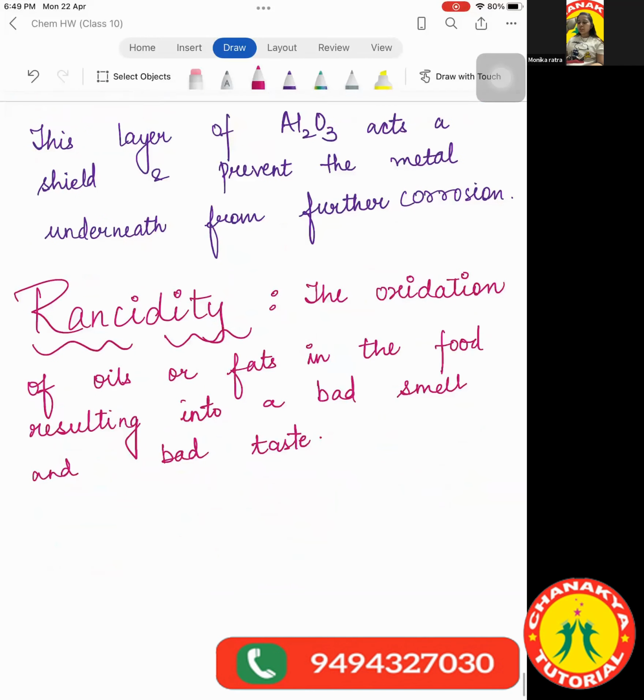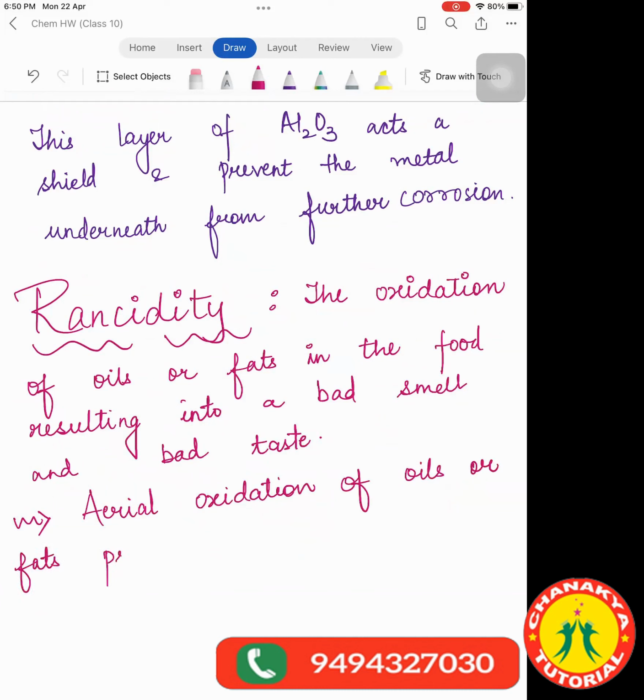There is another definition of rancidity: it is the aerial oxidation of oils and fats present in the food.